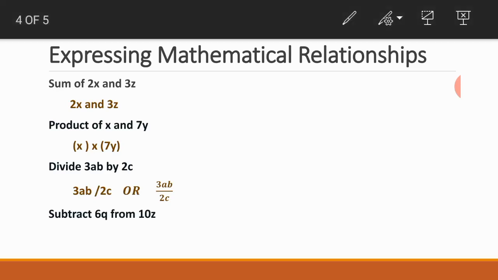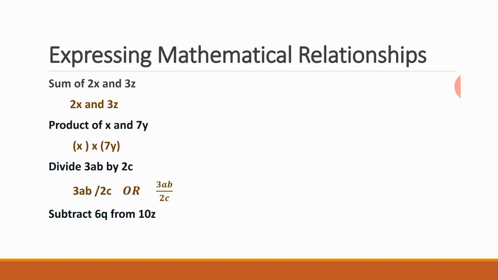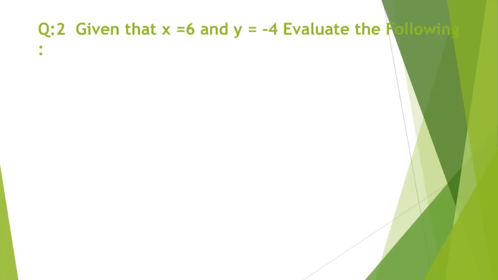If we subtract 6q from 10z, it means 6q will be subtracted from 10z. Then we will write it as 10z minus 6q.